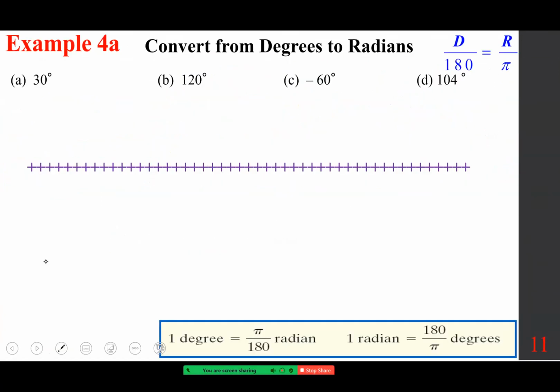All right, we want to convert from one format to the next. So we're going to use what was said. If we are going from degrees to radians, what we can do, for example, for this one, is replace the D with 30 and find the missing R. Or as I mentioned, one easy way, multiply by pi over 180, because that's 1 degree.